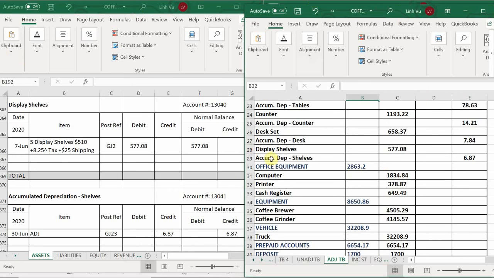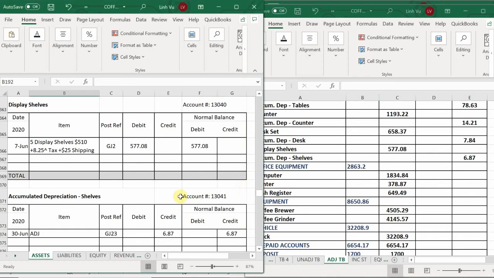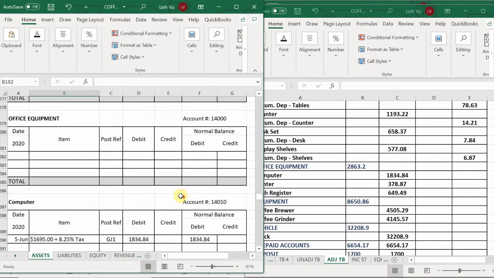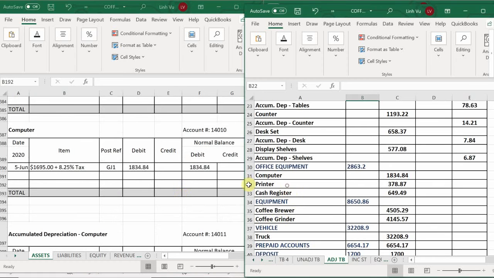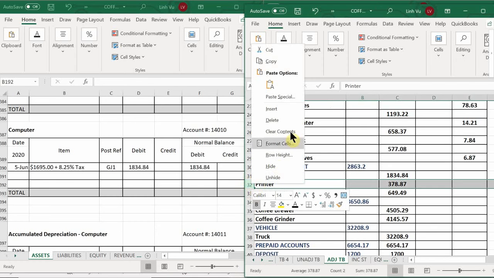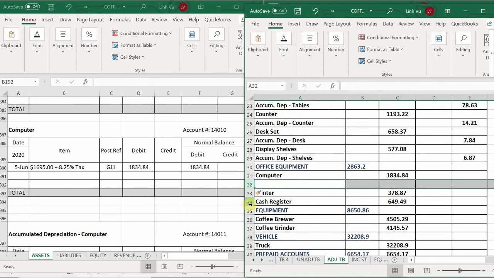So in this case, the next one is our office equipment. We have one for the computer, one for the printer, and one for the register.